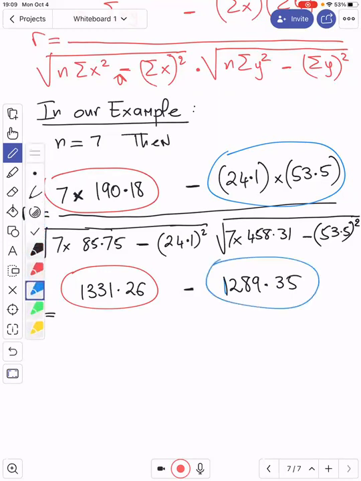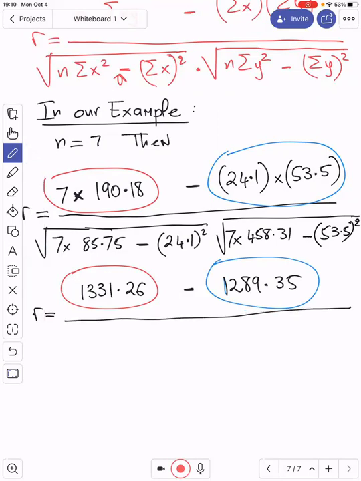Now the denominator, you need to be careful with the denominator. In this denominator, first we have this square root. You start with this 7 times the 85.75.